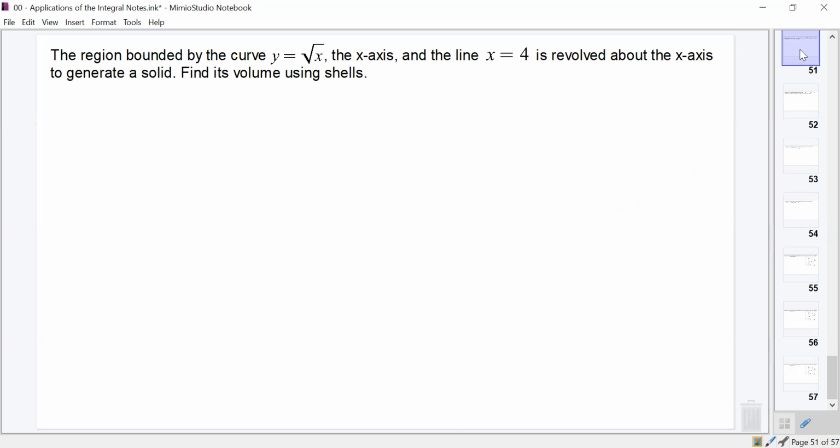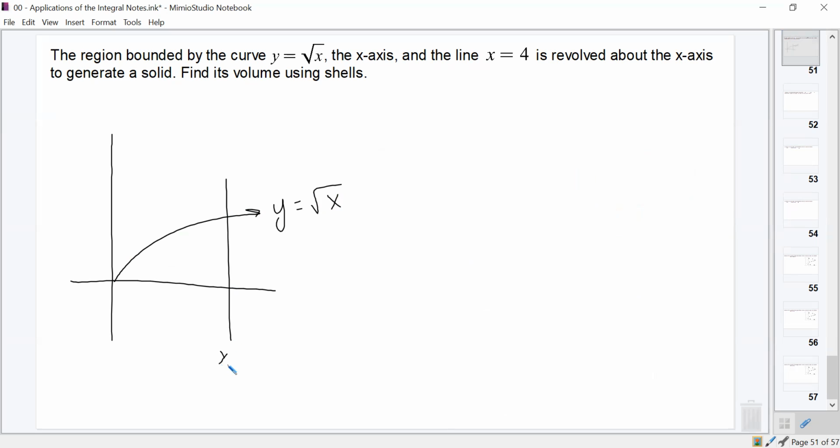So let's see if we can put this into practice. We're going to start with y equals the square root of x. So we're going to take y equals root x, and we're going to take the line x equals 4, and we're going to take the x-axis. So we're talking about this region right here, and we're going to revolve it around the x-axis.